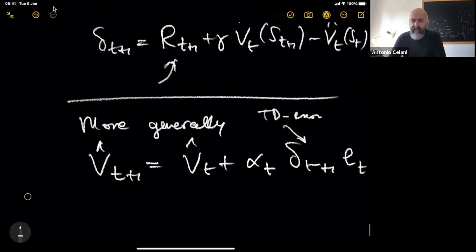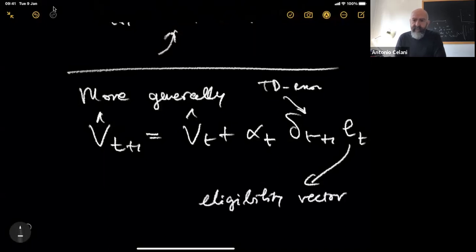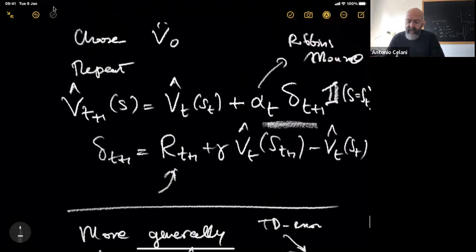So this is a vector, okay? And this vector is called the eligibility vector. So in the case of TD0, it's just a vector which has all zeros and one in correspondence to the entry that you've just visited.